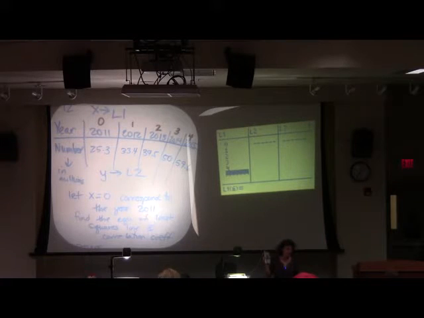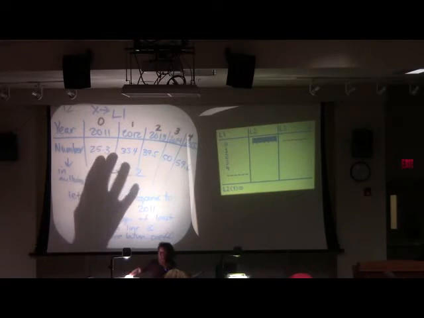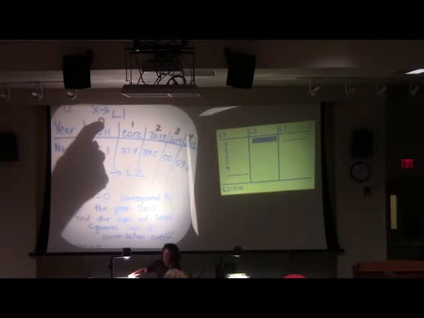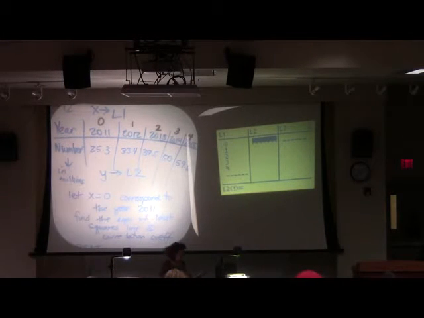You guys with me this far? All right. Now we need to go over to L2 and enter our corresponding function values. When X was 0, didn't we have 25.3? So you put 25.3, enter. And then do 33.4. And go on down the list.